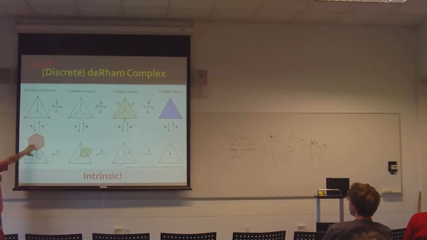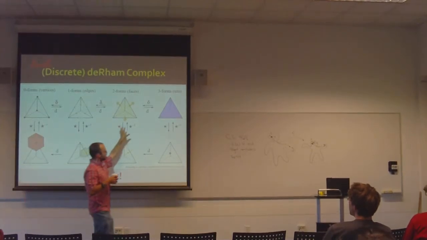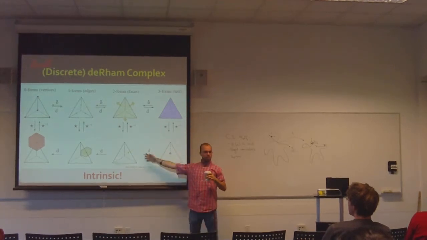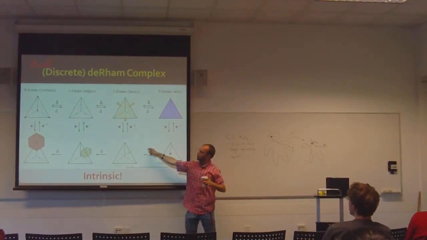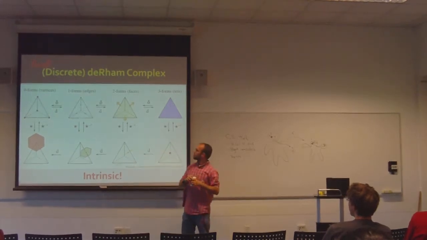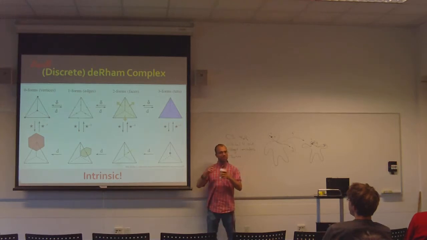And then what did we do? Well, on top of all these different objects, we generated a bunch of different operators that can take me from one to the next. The d's take me from k-forms to (k+1)-forms, the stars take me from k-forms to dual k-forms and back, and so on. And we can chain them together to make all kinds of interesting PDEs and differential-looking objects on the surface.